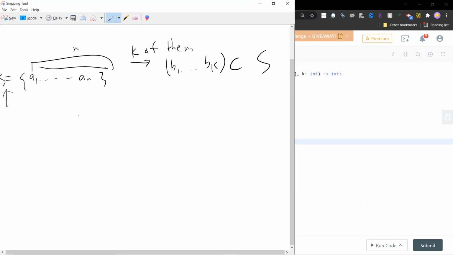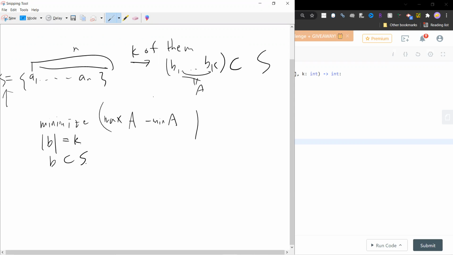And the goal is to minimize the maximum of this set, let's say this set is A, max A minus min A.